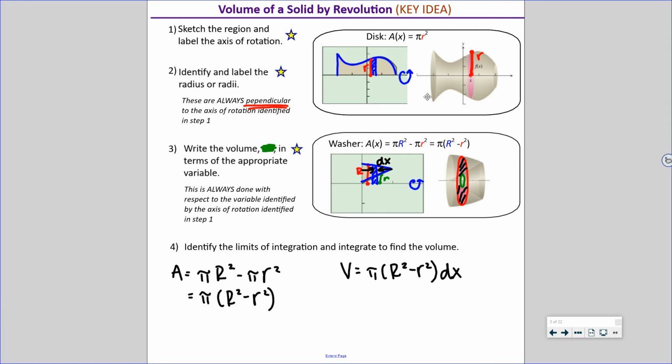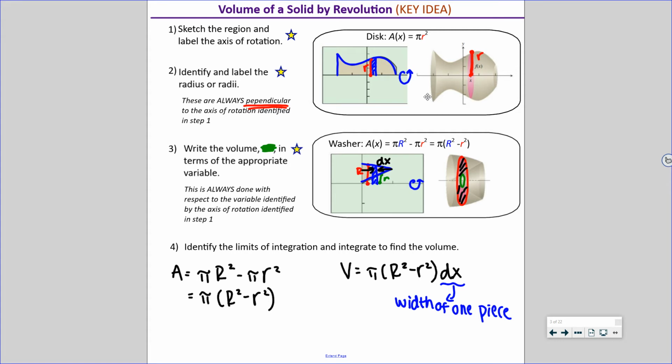And that's basically our big idea here. Where the dx is like the width of one piece. And to add up every single disc or washer, whatever our slice is, we integrate it between our limits and our bounds.